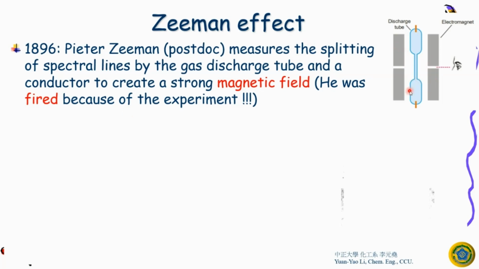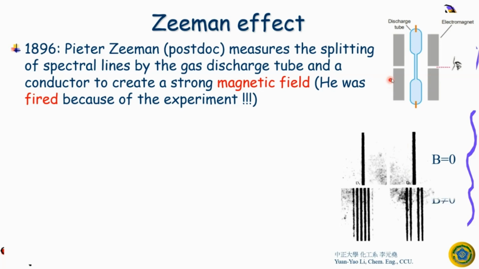He put a gas discharge tube between the poles of a magnetic field, or you can put magnets. And then he found something happening. If there is no magnetic field applied to this gas discharge tube, the spectrum you get is normal.